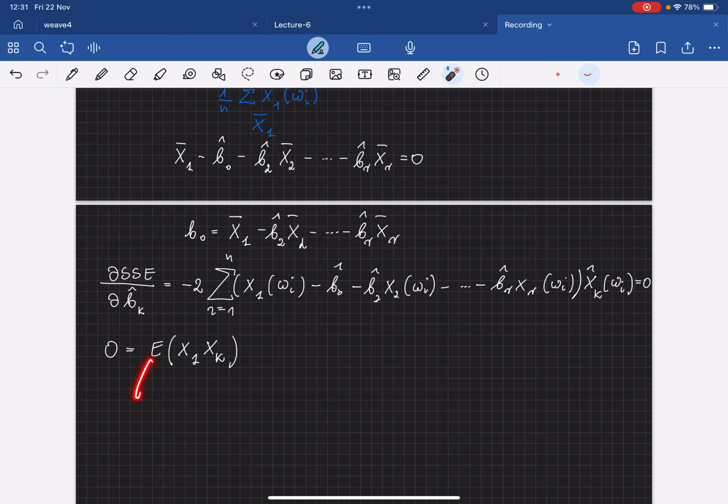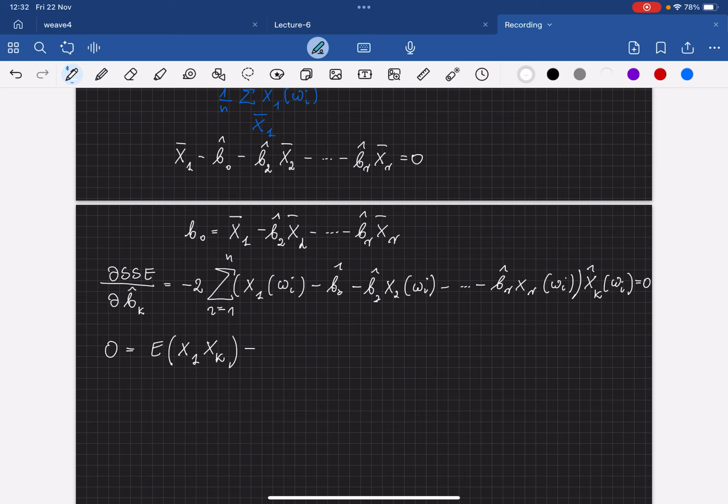I will use this symbol E of expectation value or average instead of a bar because, of course, I am in the sample, but I would have to put a bar over two variables, and then we do not know whether it is just a multiplication of the two sample means, or a mean value of a variable which is a multiplication of two variables.